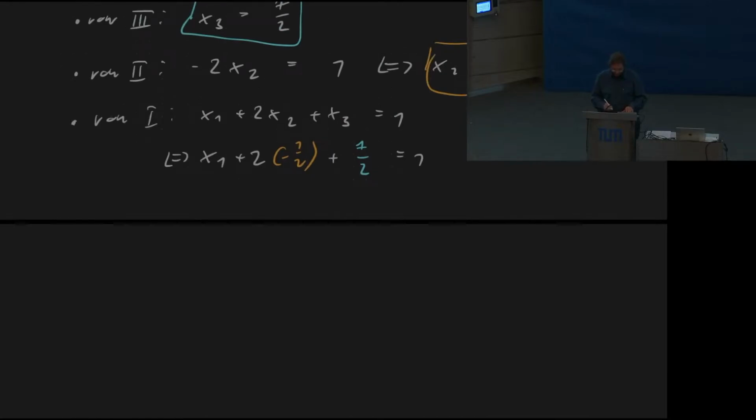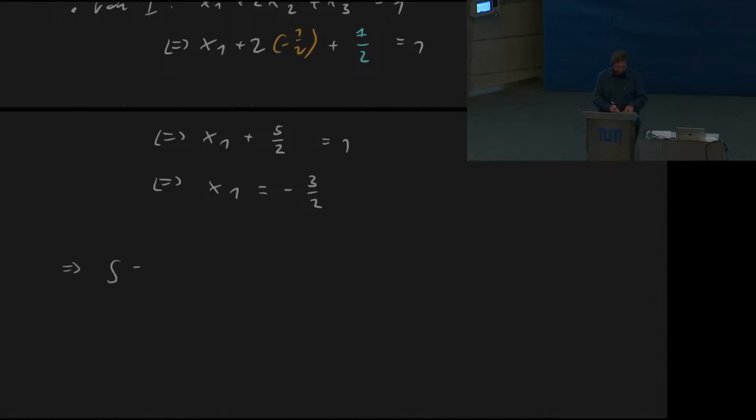And then we solve that for x1. So this is minus 1. Minus 1 is minus 2/2 plus 7/2, so it's 5/2. So we get x1 plus 5/2 equals 1. And that means x1 is 1 minus 5/2. So 2/2 minus 5/2, that's minus 3/2.